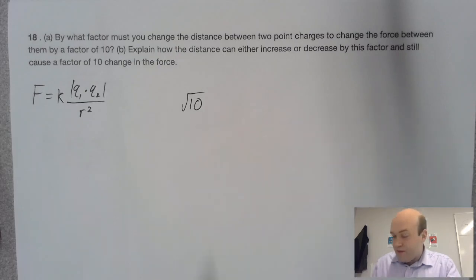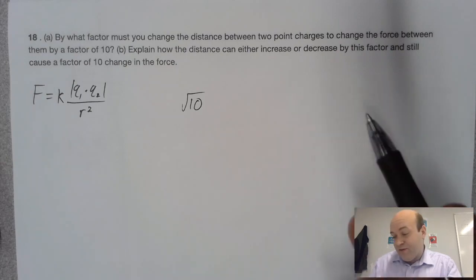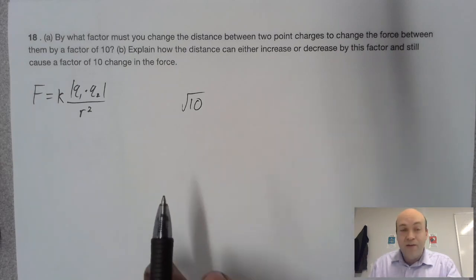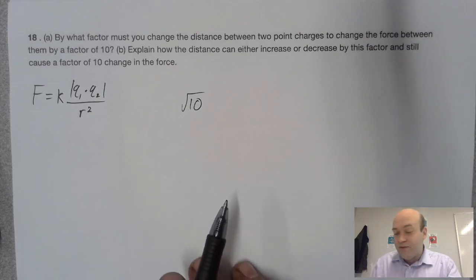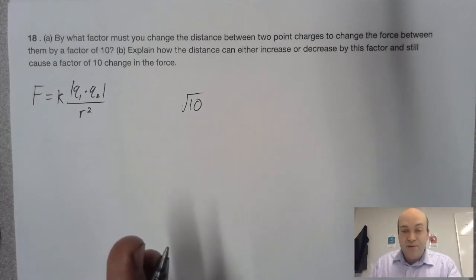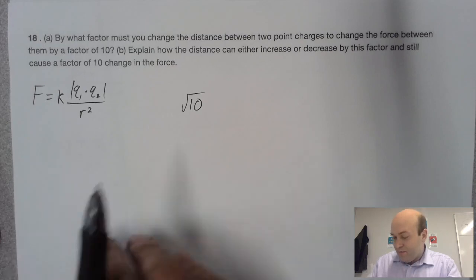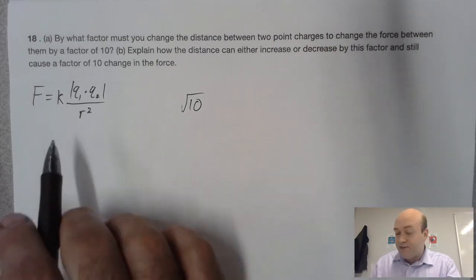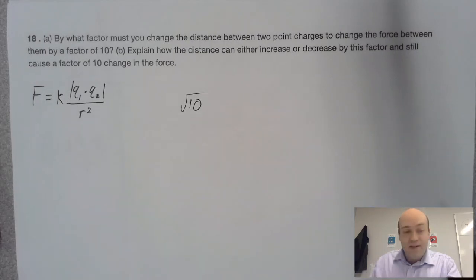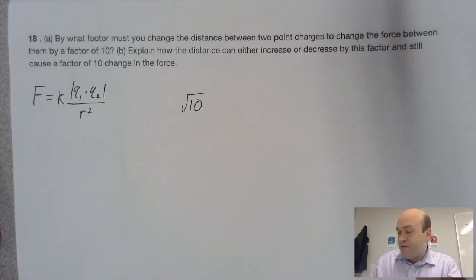That way I changed the force by a factor of 10. Similarly, if this question had asked to change it by a factor of 4, to make the force greater by a factor of 4, I would just have to halve the distance between the two point charges, and then the force would be 4 times greater. Just because the distance has more of an effect than the actual charges themselves.